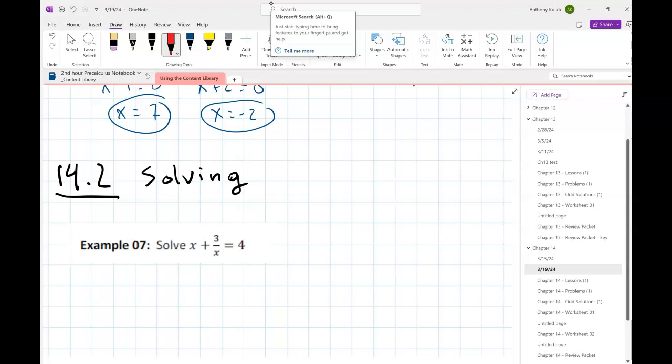My answers will stay the same as long as I do it to both sides. Everybody's cool? So the question becomes, what do I need to multiply both sides of my equation by so that I can get rid of the fractions? And the answer to that question is going to be the least common multiple of the denominators.